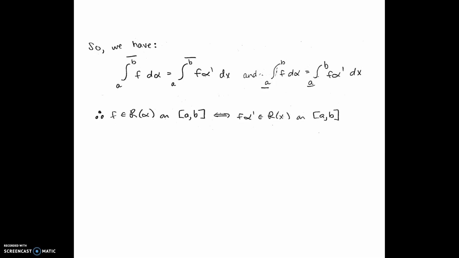Now we have the upper integral of f d alpha equals the upper integral of f alpha prime dx, and the lower integral of f d alpha equals the lower integral of f alpha prime dx. So we can say that f is integrable on the closed interval a to b if and only if f alpha prime is integrable on the closed interval a to b.